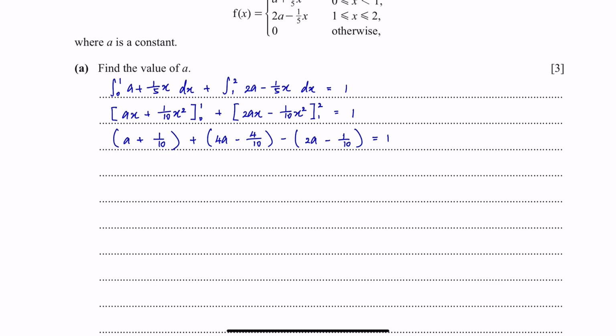So now we simplify it and we would get 3a equal to 6/5, and a would be 2/5.